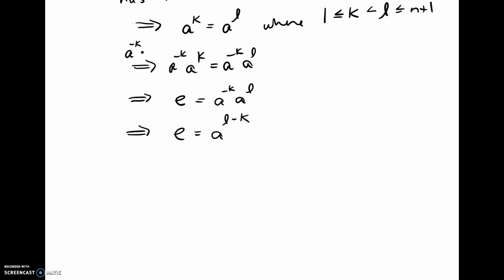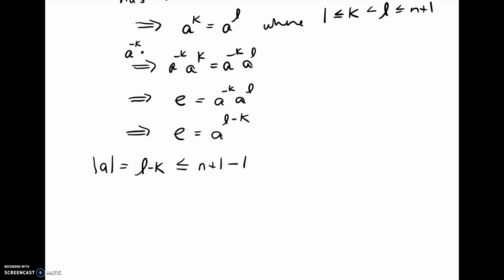All right, so we know that the order of a is whatever power you raise it to get the identity. So that means that the order of a equals whatever l minus k is. And we know that that has to be less than or equal to n plus 1 minus 1 because we know the biggest thing that l can be is n plus 1, and the smallest thing that k can be is 1.